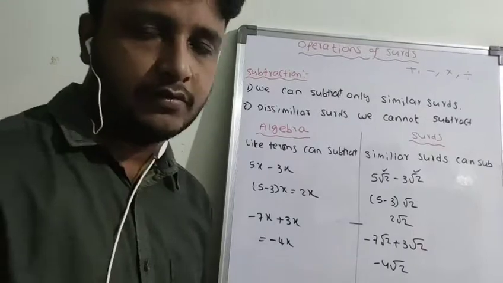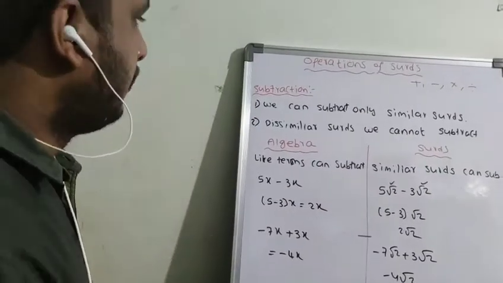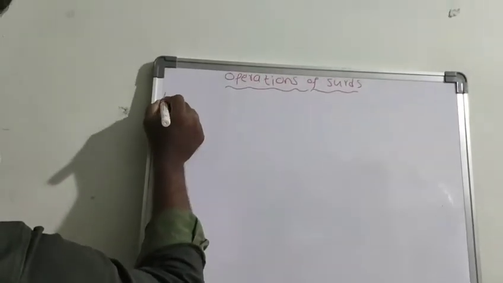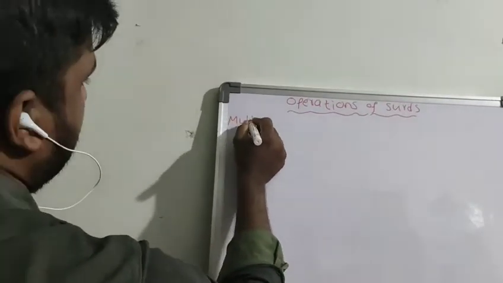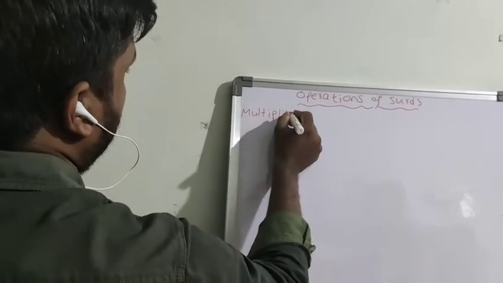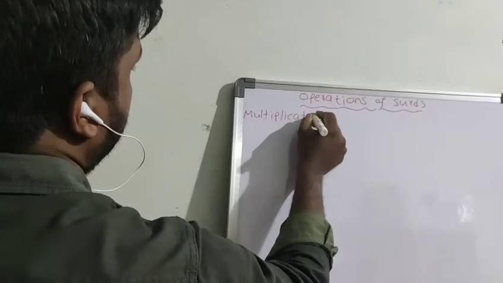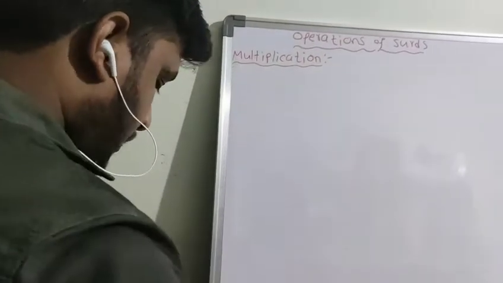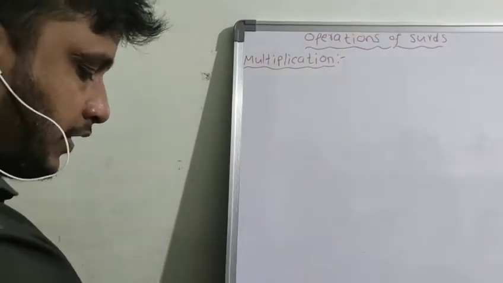Now we are going to move to multiplication. In multiplication, here also there is a condition.